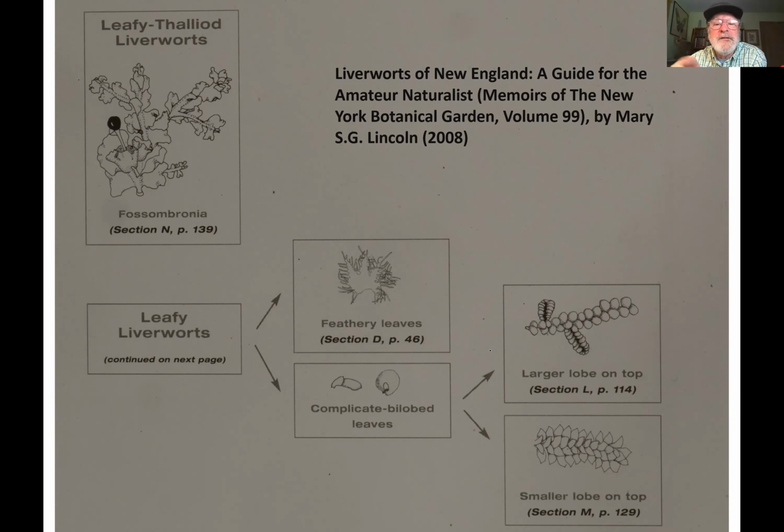Some of them have leaves that are finely dissected, which is another difference between liverworts and mosses. Moss leaves, almost all, except for a really odd one or two that occur elsewhere in the world, are comparatively simple affairs. They're never lobed, and they can be toothed, but they typically won't be very intricately folded.